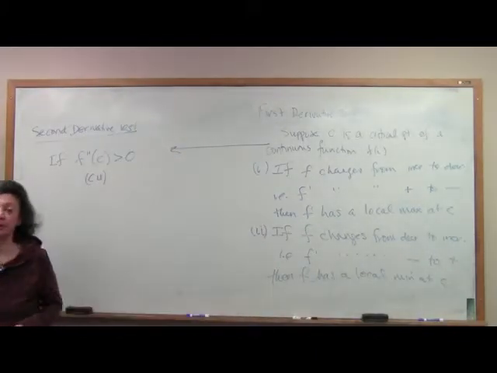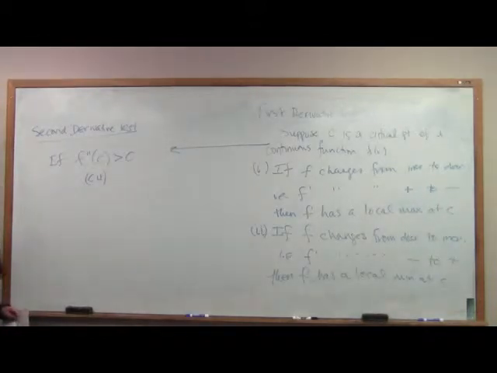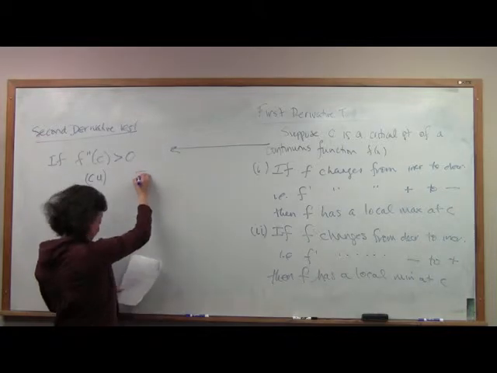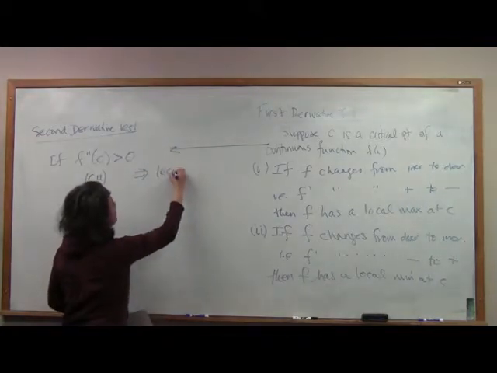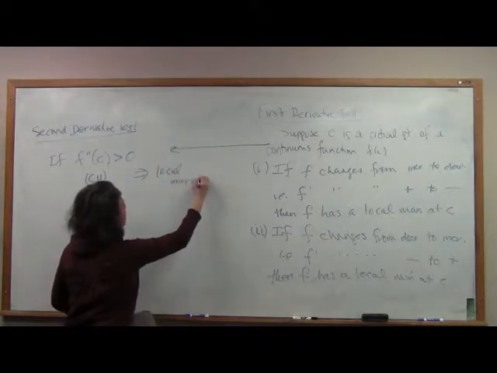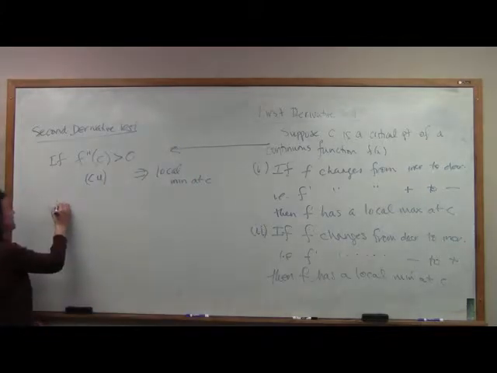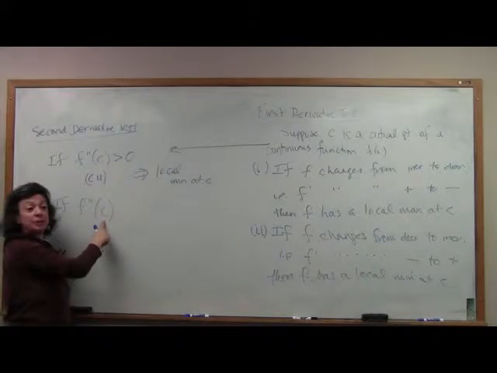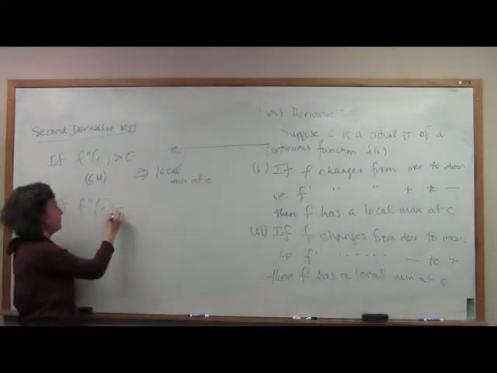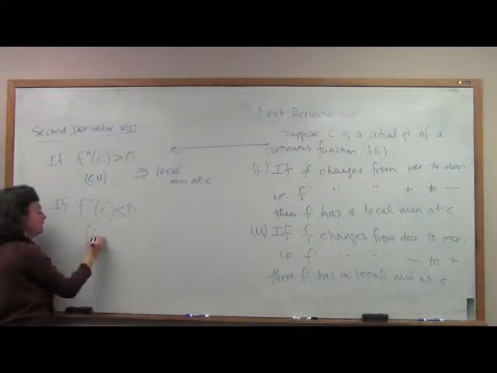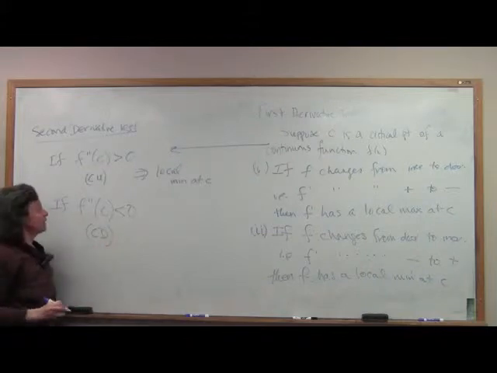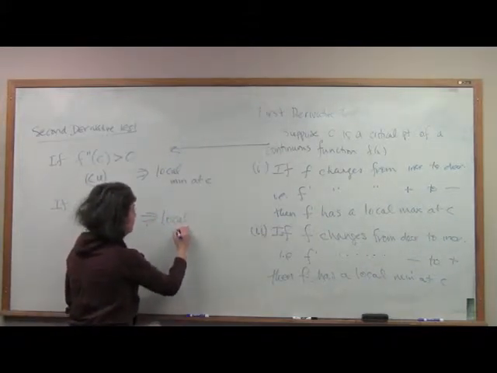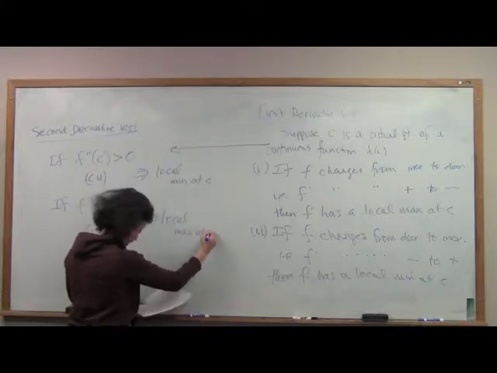But if when we put our critical point into our second derivative and we get a positive number, what that tells us is that we have a local min at c. And similarly, if when we plug our critical point into our second derivative and we get a negative number, and yes, again, we know that it's concave down in that region, then we have a local max at c.